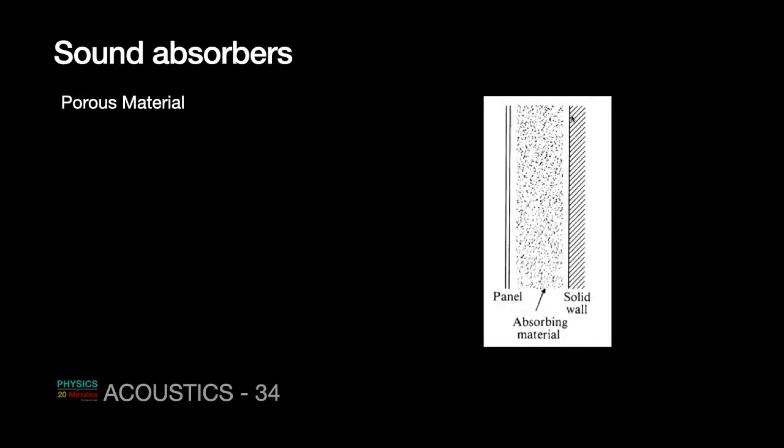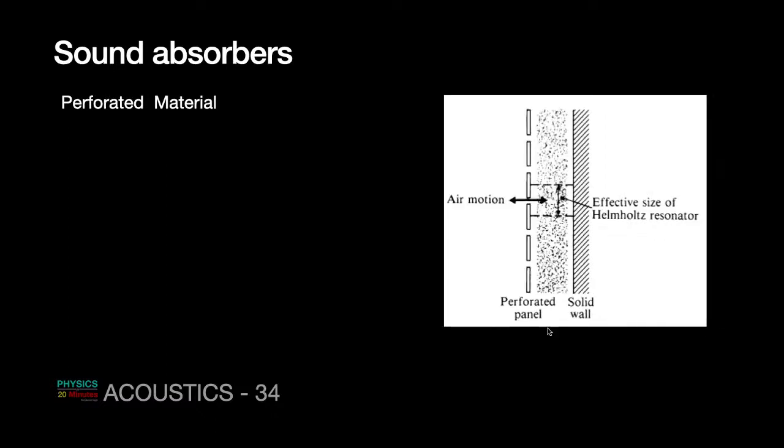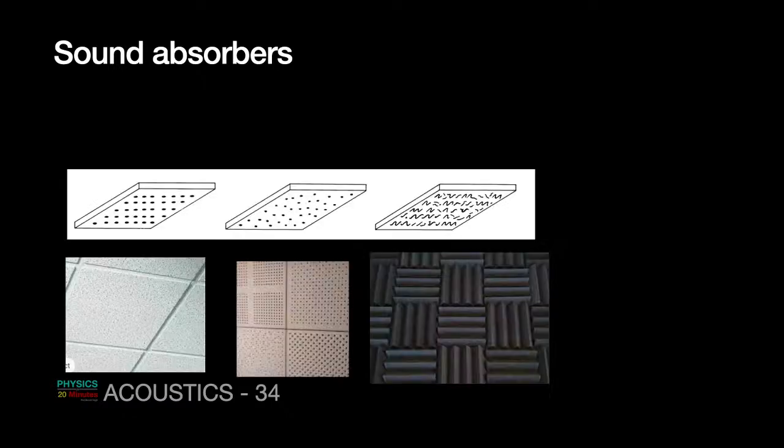Here is one. There is a solid wall, and this is the width of the panel. It is stuck to the wall. This is mostly the porous material, and it absorbs a lot of sound. The other example is a similar one. You have the porous material, but the front panel has holes at some regular intervals.